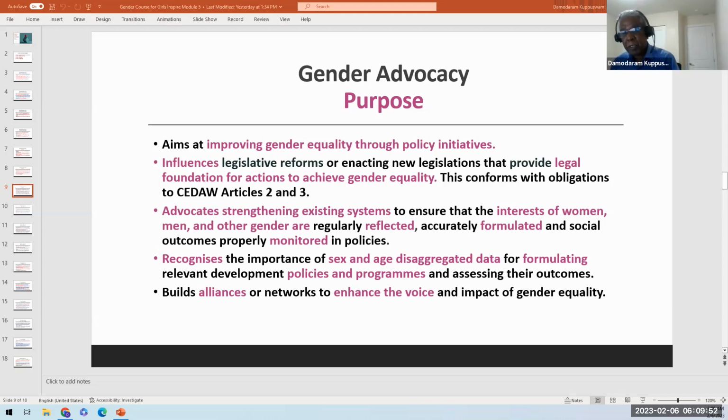And gender mainstreaming says, how do we address these gaps in reality, in practice? So when you are doing it, you are challenging the existing structure, existing system, existing policy. And that challenging demands a change. So political always has one thing: challenging the status quo, challenging the situation, and looking for change.